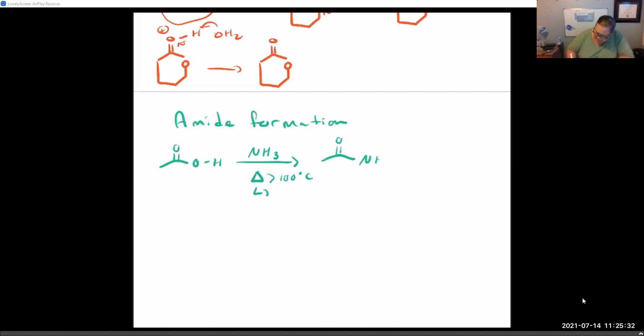Your book says that this will happen here. Does anybody have any issues with this? She does stipulate that this is a low yield. But why do you think I'm having such a problem with this reaction?